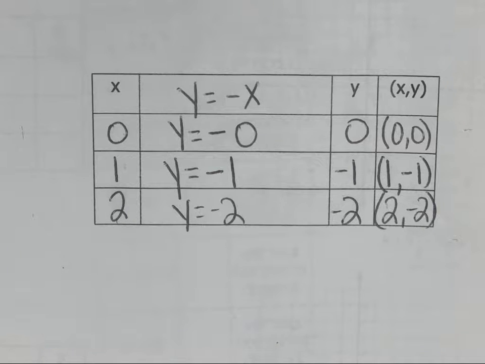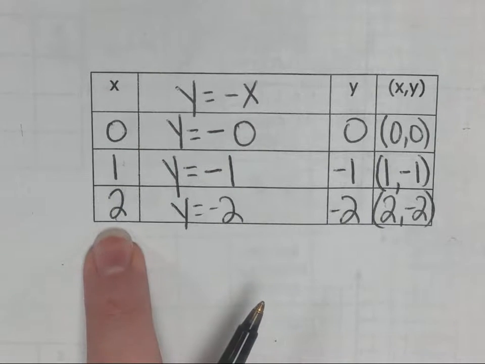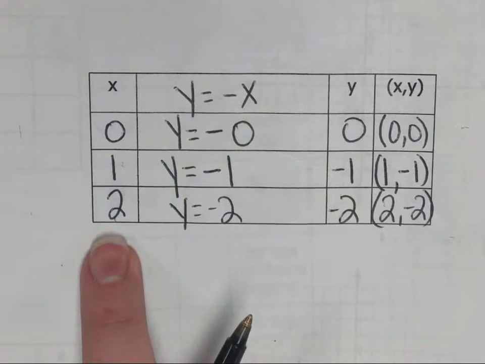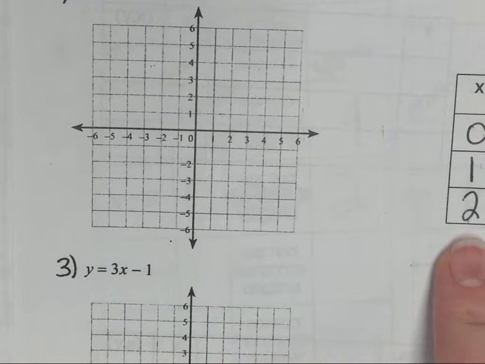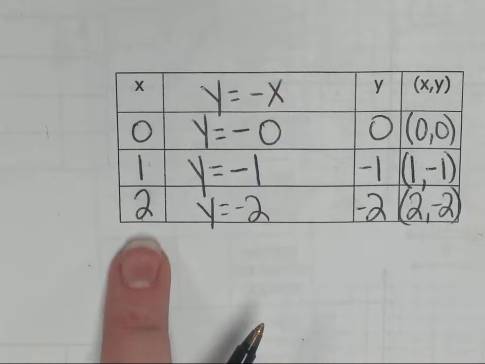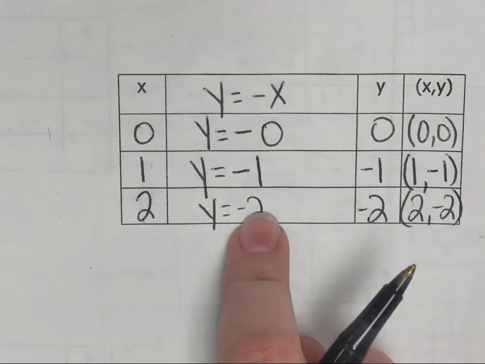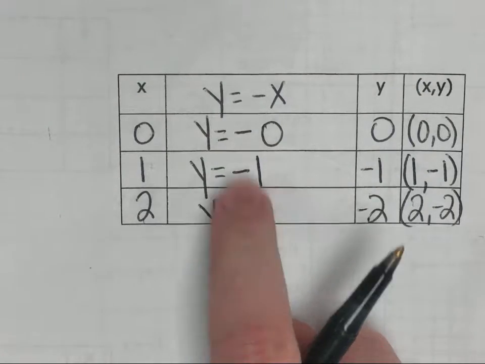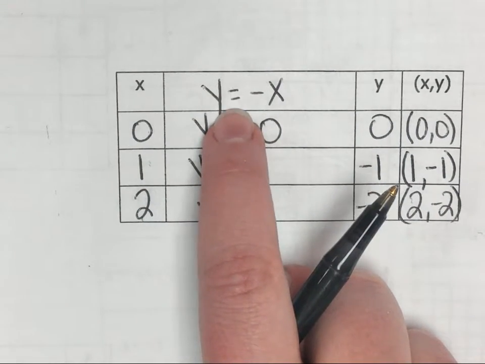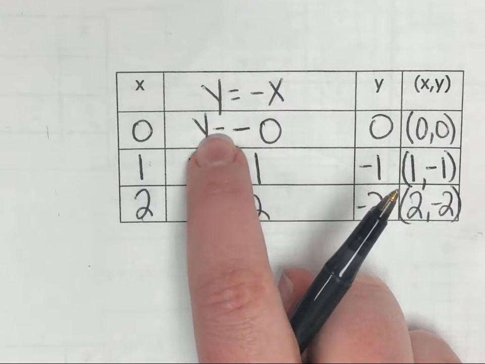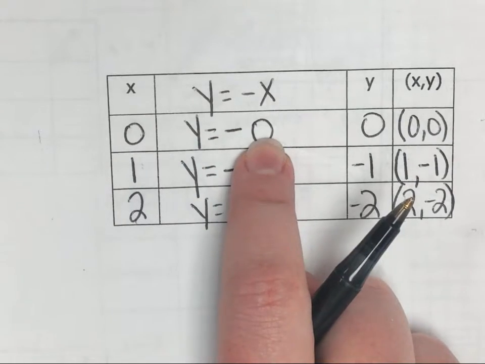Okay, so x. We pick values for x. I pick small values so they fit on my graph. Next, y. We get y by plugging in the numbers for x. The equation says y is equal to negative x. So y is equal to negative of whatever number I plugged in.